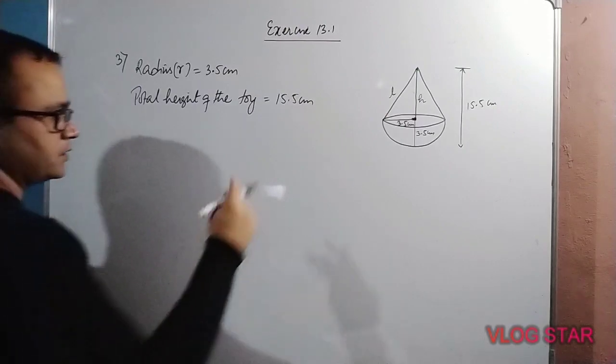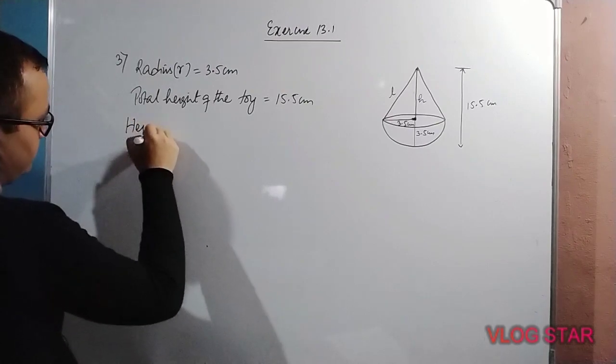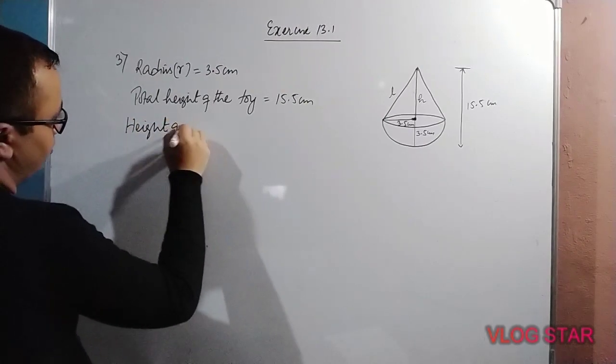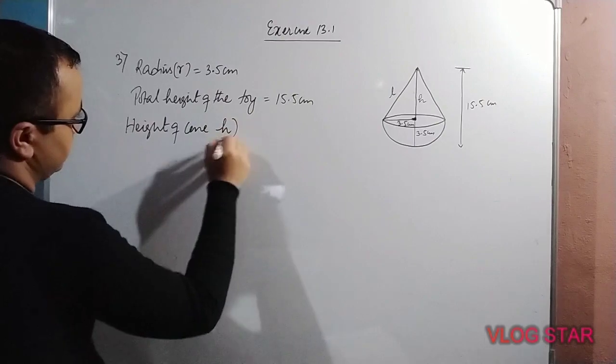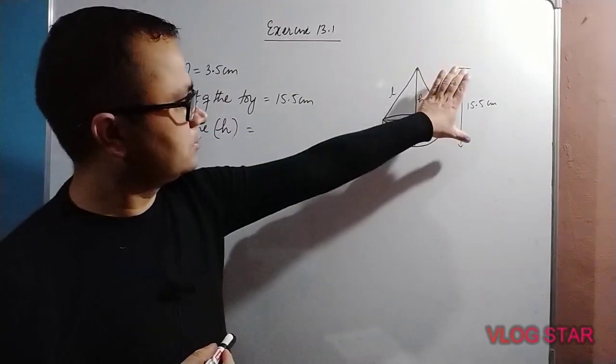Now we can calculate the height of the conical portion. Height of cone is represented by h. The total height is 15.5 centimeter.